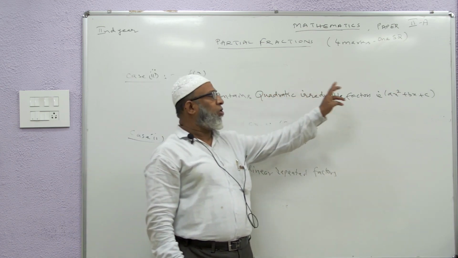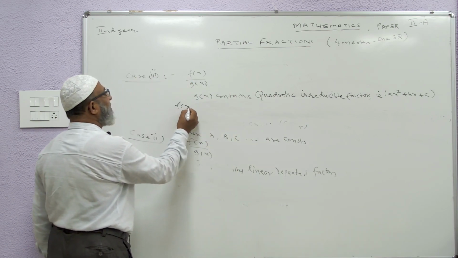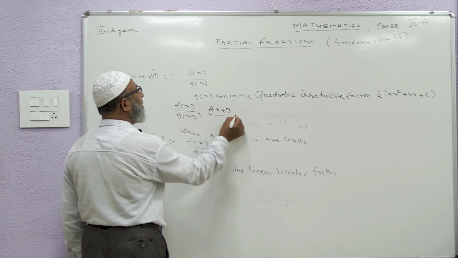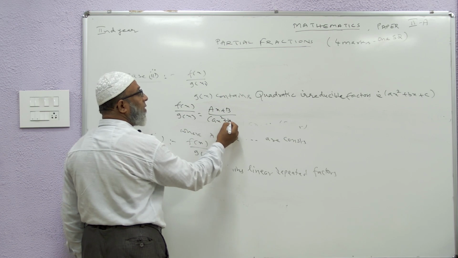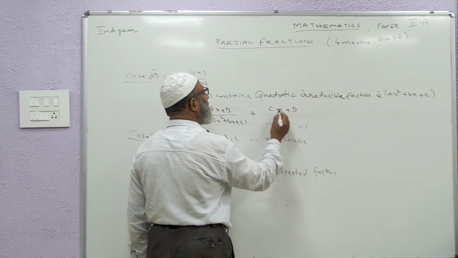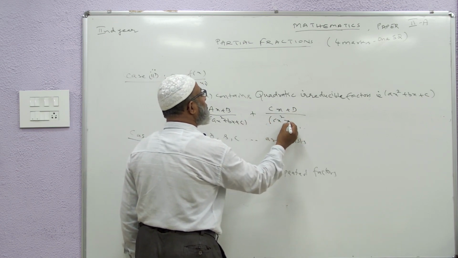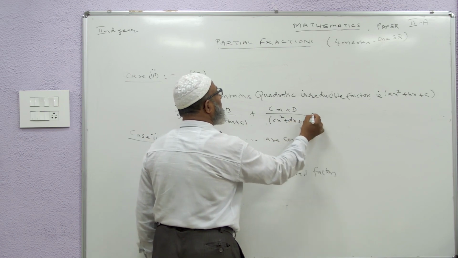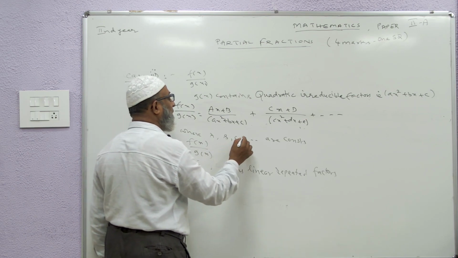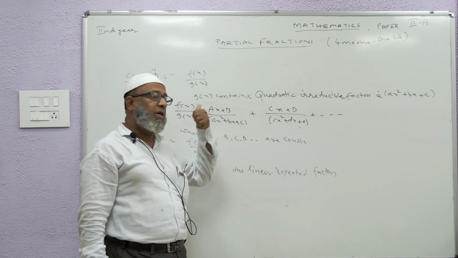That is called a quadratic irreducible factor. So in this case, the substitution will be f of x by g of x equal to Ax plus B divided by ax square plus bx plus c, plus the next one, Cx plus D divided by another term cx square plus dx plus e, and so on, where again A, B, C, D are constants to be determined. So this is case number 3.